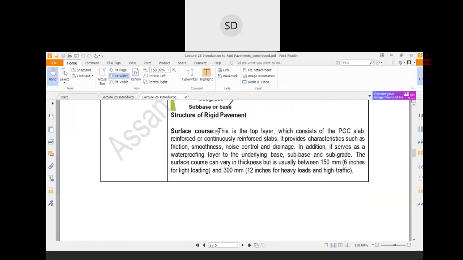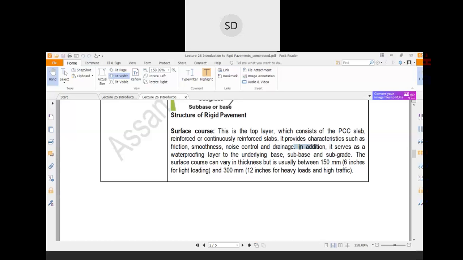Now surface course, this is the top layer which consists of the PCC slab, that is plain cement concrete slab, reinforced or continuously reinforced slab. It provides characteristics such as friction, smoothness, noise control and drainage conditions.